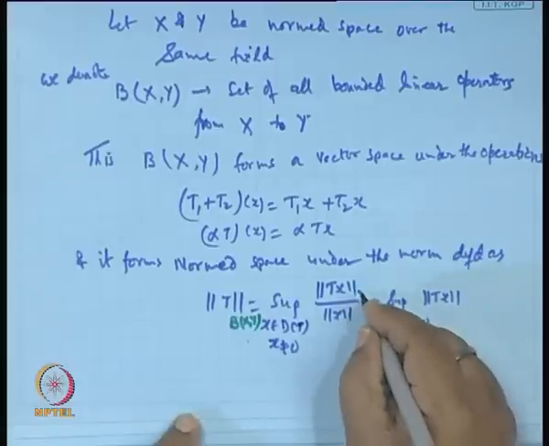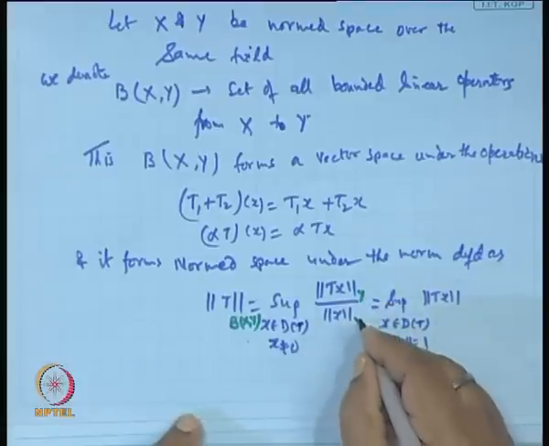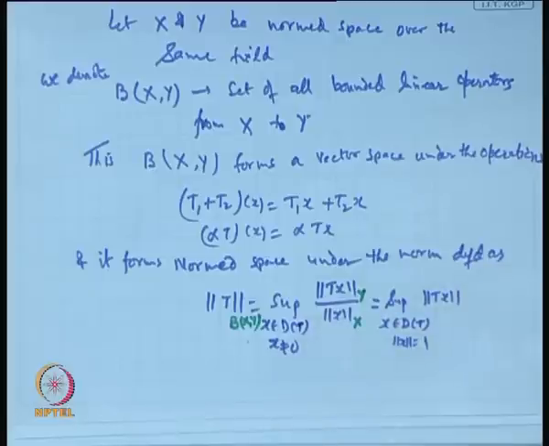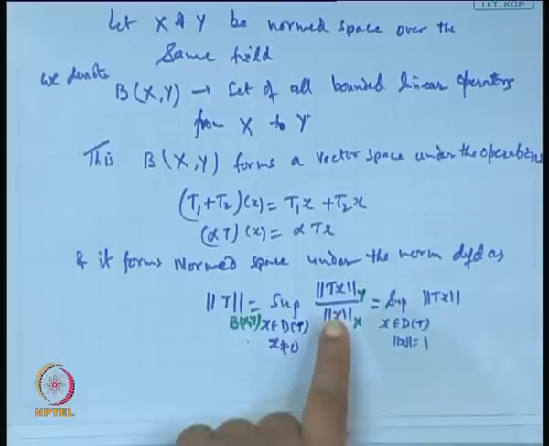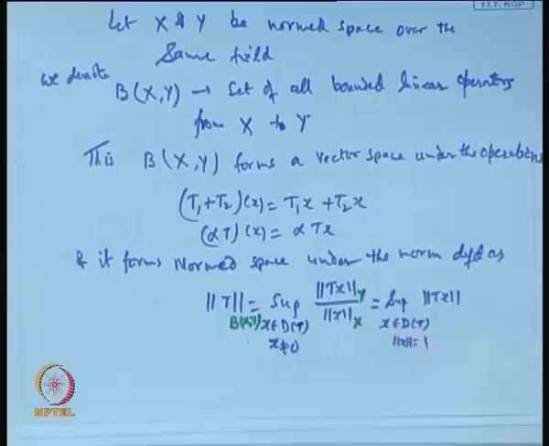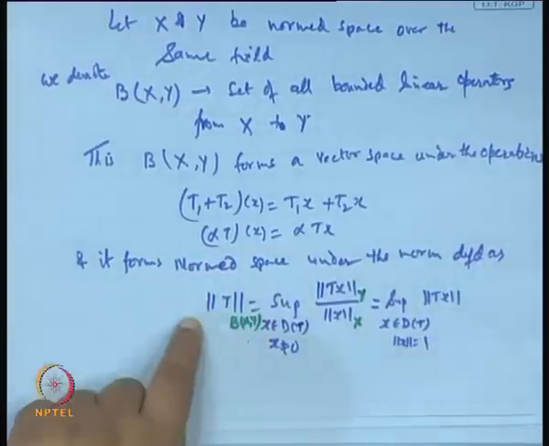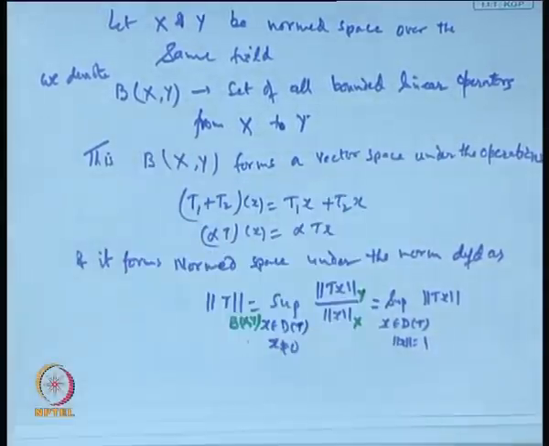This is the norm on Y. This is the norm on X. But writing it always this way is very clumsy, so we try to avoid it. But the understanding is whenever Tx is given, it is a point in Y, so the norm of Y is used, here the norm of X is used, and this is the norm of the operator, a bounded linear operator from X to Y.